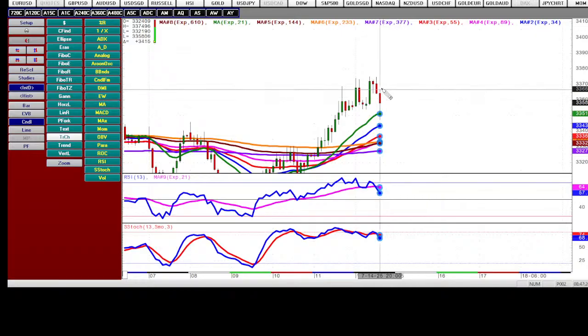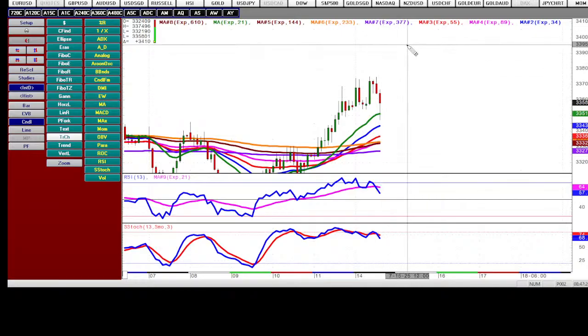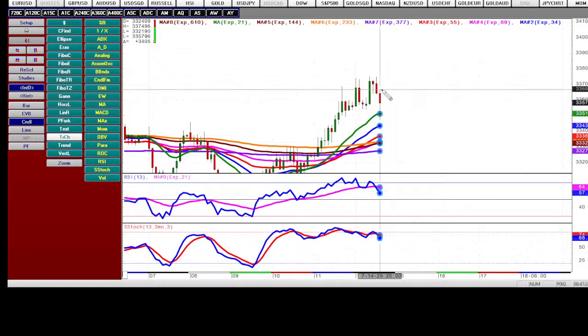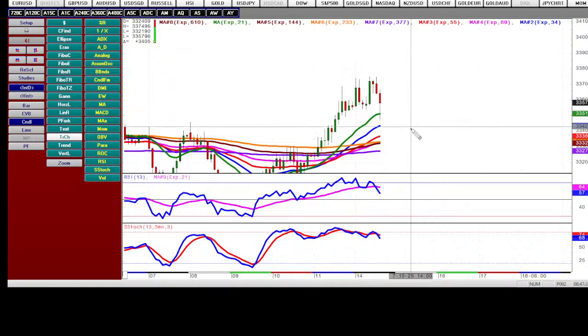Once the 65 breaks, then we should see the price moving higher. But if the 65 holds, then chances are this is going to be in a range.